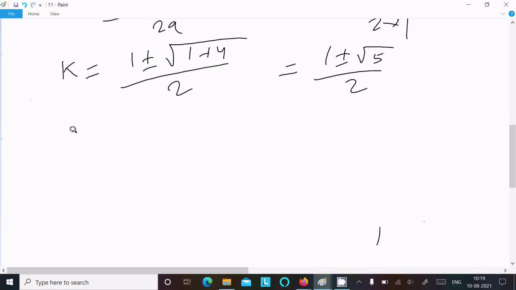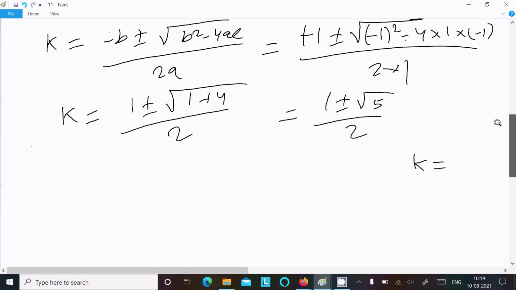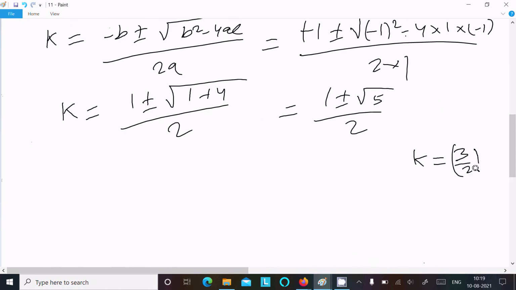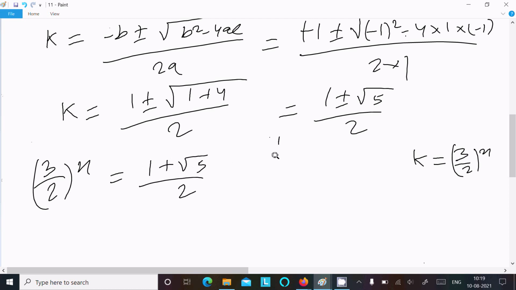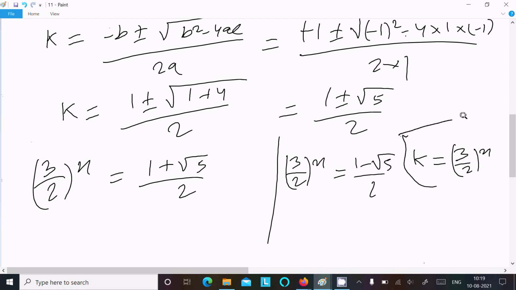So here k, that I assumed, k equal to 3 by 2 power x. So writing here 3 by 2 power x, one time positive, 1 plus root 5 by 2, and here 3 by 2 power x equal to 1 minus root 5 by 2.